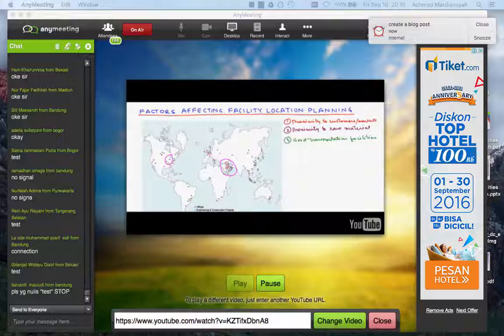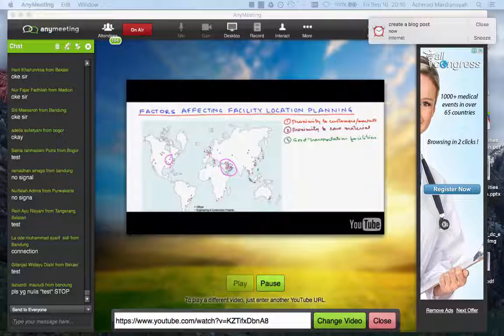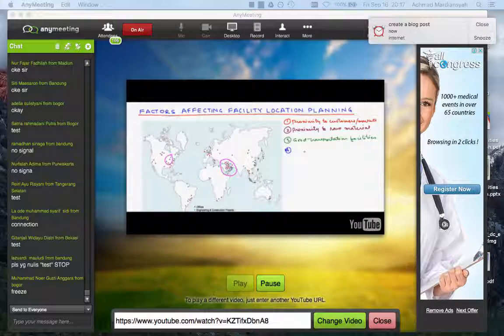So imagine a facility where raw material cannot be transported because there are no roads. So this is another factor which affects the facility location decisions. Another factor is the availability of power supply and other utilities.